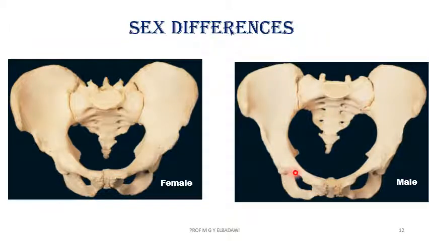You can see the hip bone difference between that one and that one here. So we have described the differences, and these are two samples of the male and female pelvis.